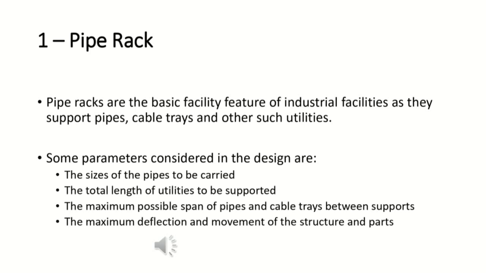Some parameters considered in the design are the sizes of the pipes to be carried, the total length of utilities to be supported, the maximum possible span of pipes and cable trays between supports, the maximum deflection and movement of the structure and parts.